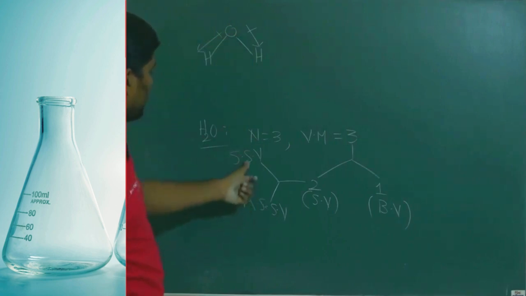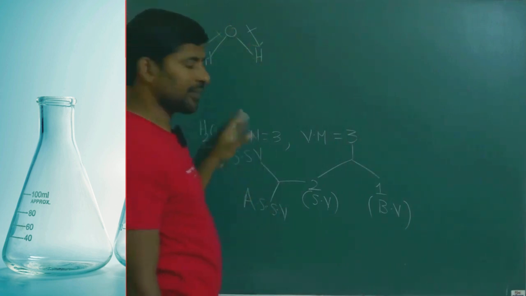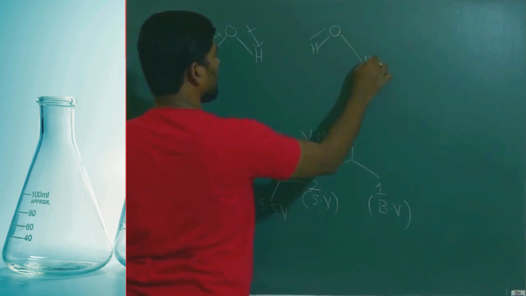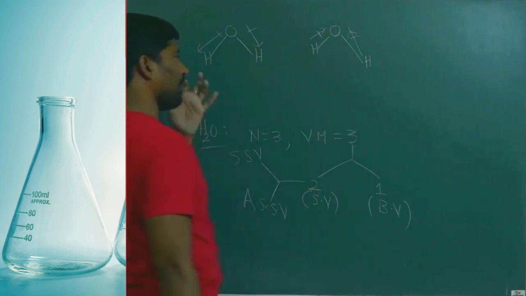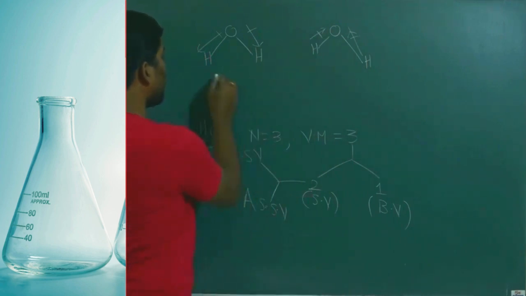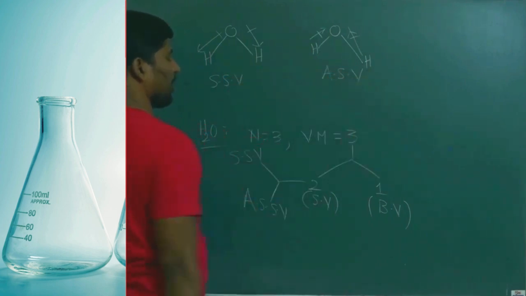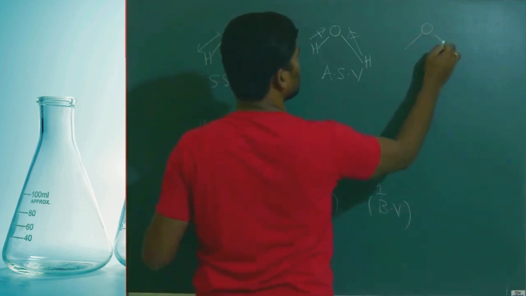Here, one is undergoing compression, for example, and another one is undergoing extension. This is called anti-symmetric stretching vibration. This is symmetric stretching vibration, this is anti-symmetric stretching vibration, and another one is the bending vibration.